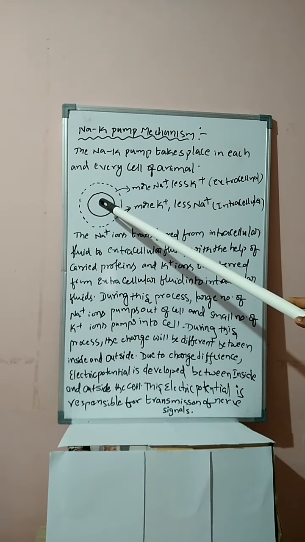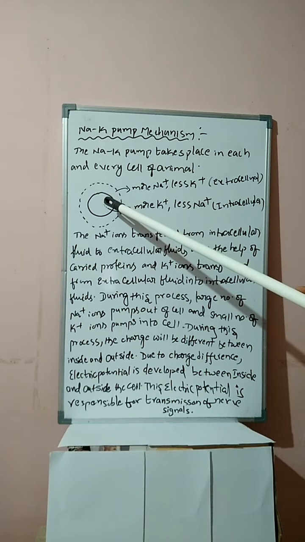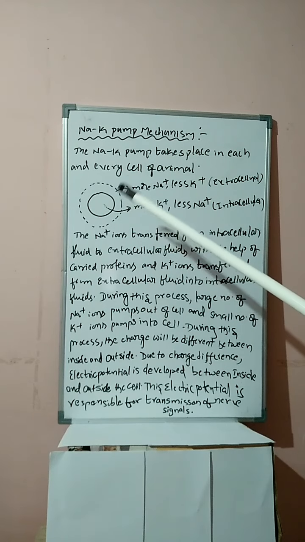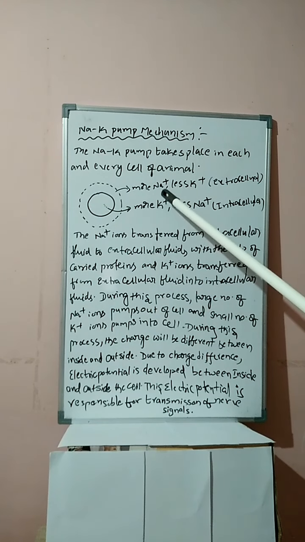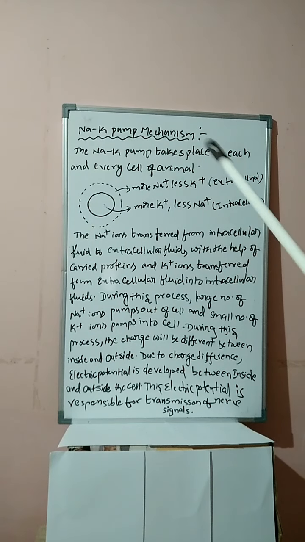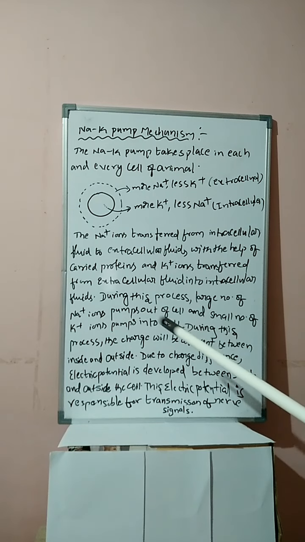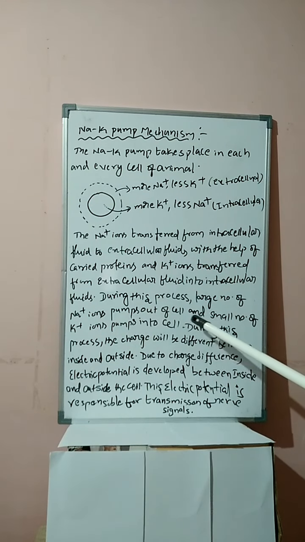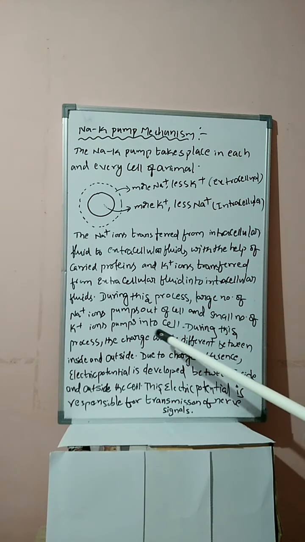Because the sodium ions have a small size. If 10 Na+ ions go outside of the cell, one K+ ion enters the cell. Why? Because the size of K+ is more than that of Na+. So 10 Na+ ions equal 1 K+ ion. Due to this size difference, a large number of Na+ ions pump out of the cell and a small number of K+ ions pump into the cell.